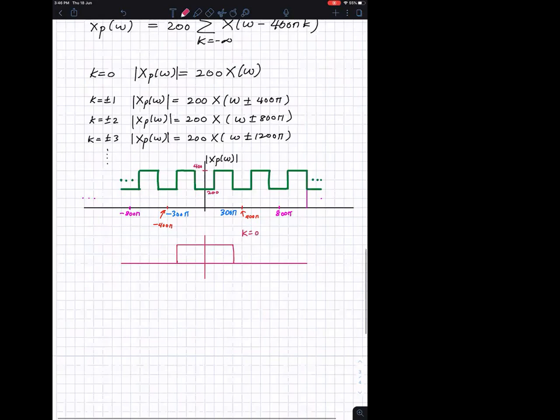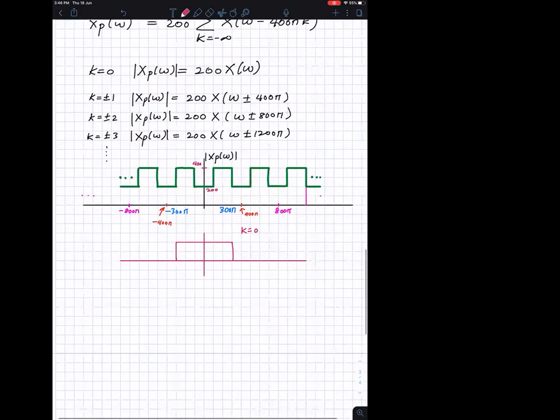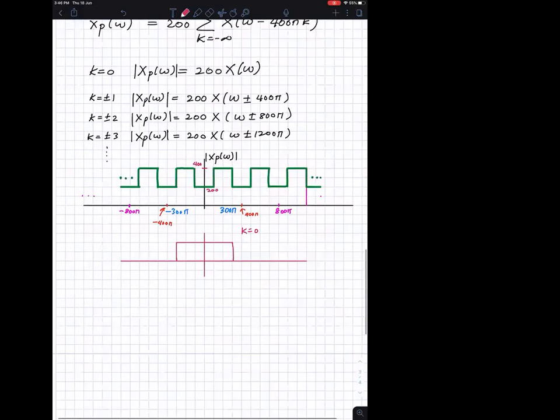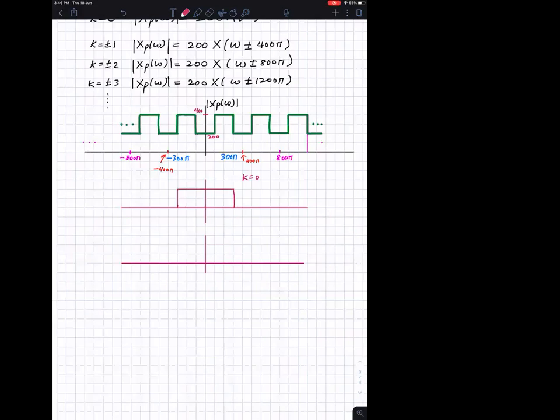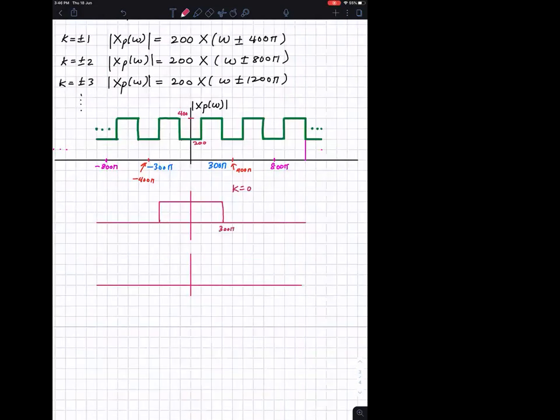The next one, when k is plus minus 1, the same result is now copied to plus minus 400 pi, and k is plus minus 1.